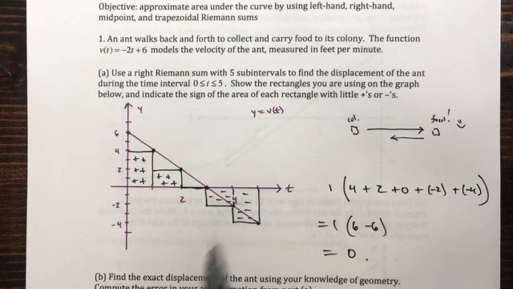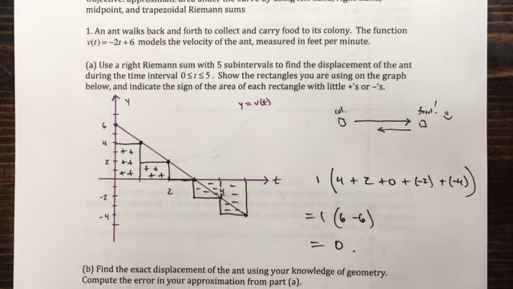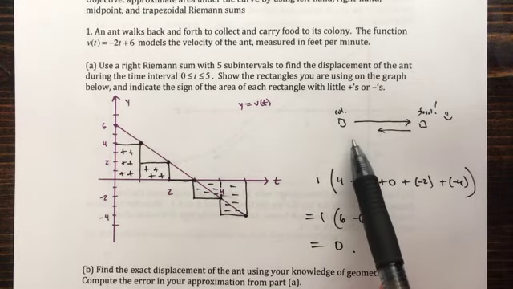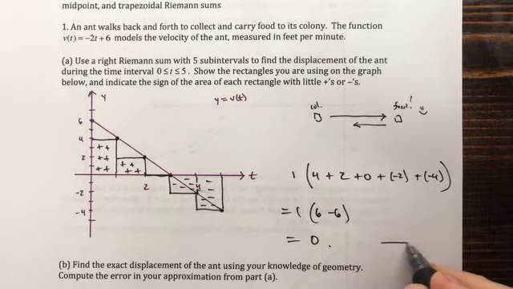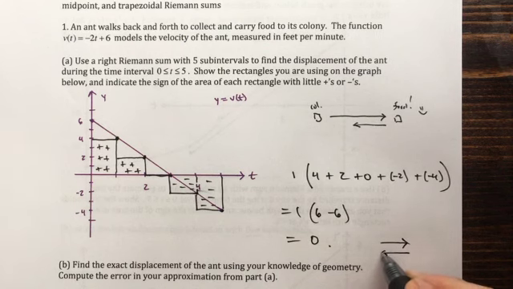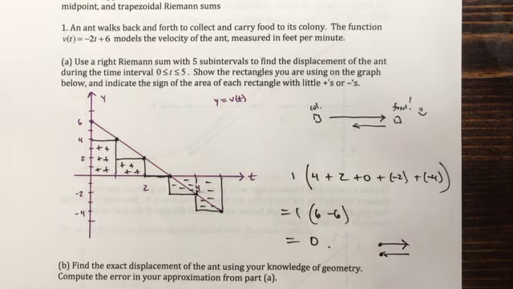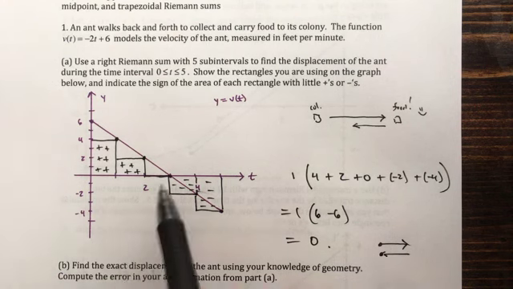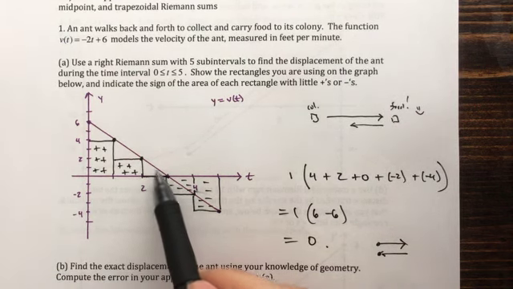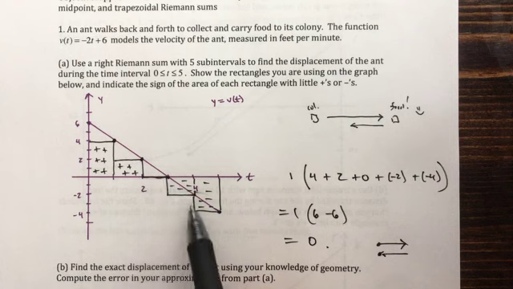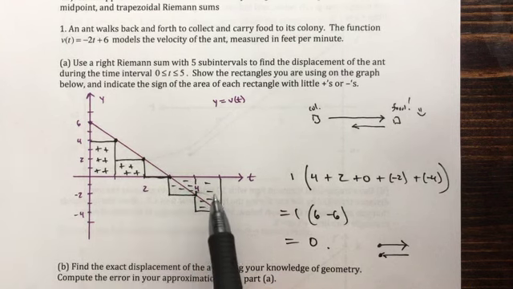So with this approximation, even though from the picture of the graph it looks like she walked farther to the right than the left, with this approximation it actually tells us that she didn't move. Well, she moved, right, but she ended up back where she started, because she went 6 this way and then 6 back this way, and so her displacement from the original starting place was 0. But that's partially because we're missing all of this area in here. So we're missing more area on the positive side than we're adding on the negative side.